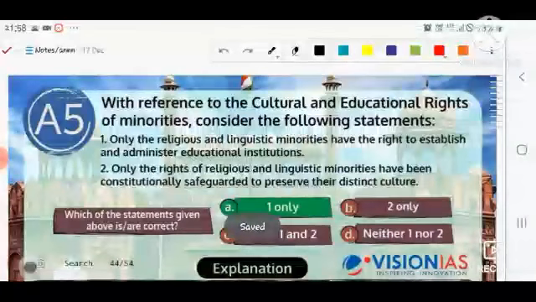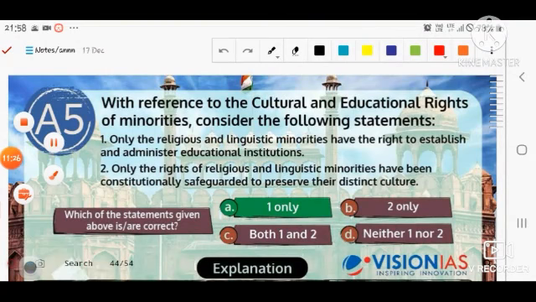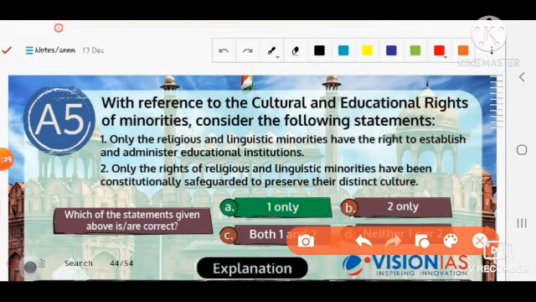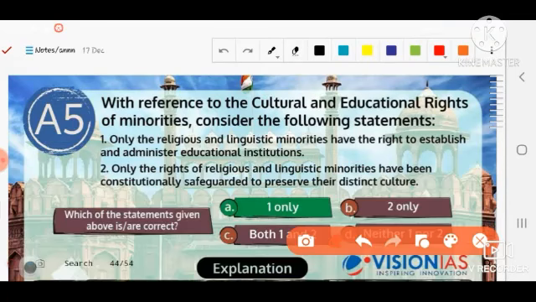Okay, let's see. With reference to the culture and education rights of minorities, consider the following statements. You have to choose the correct option here. Only the religious and linguistic minorities have the right to establish and administer educational institutions.